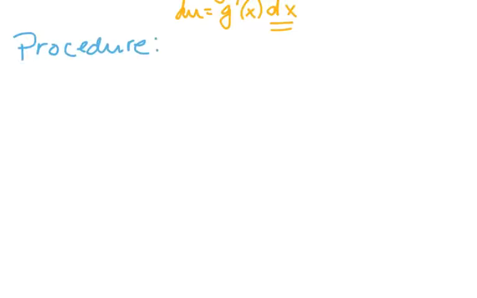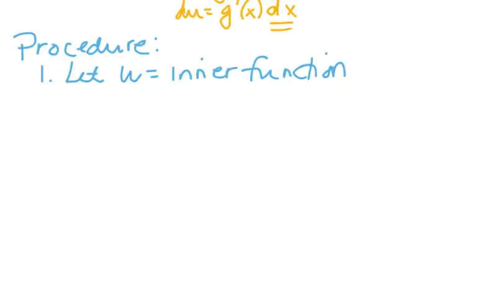So the procedure for substitution, the first step, we're going to have to choose u. So we're going to let u equal the inner function. And by far, this is the hardest part of the substitution rule, choosing u. What do you let u be?